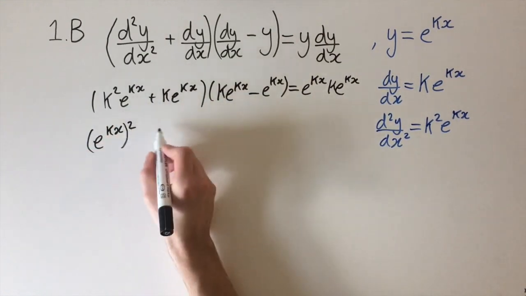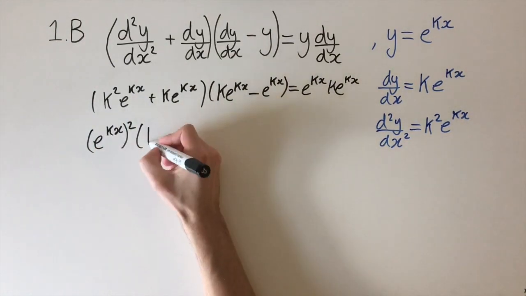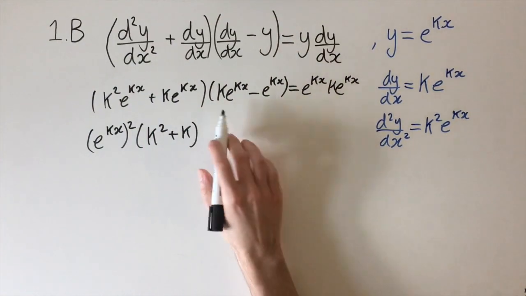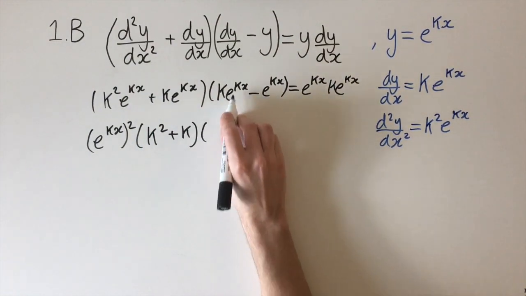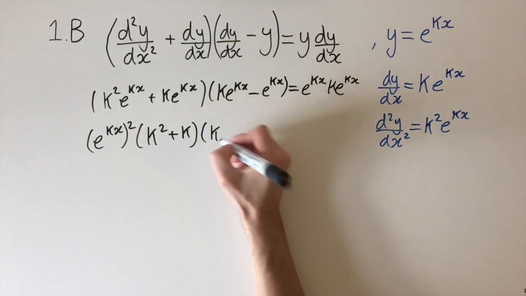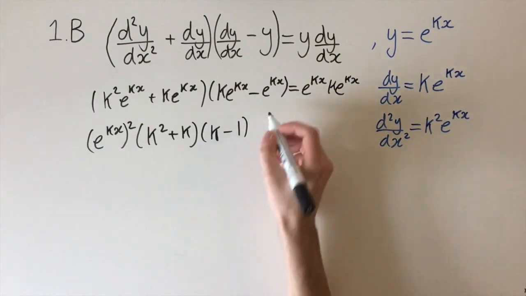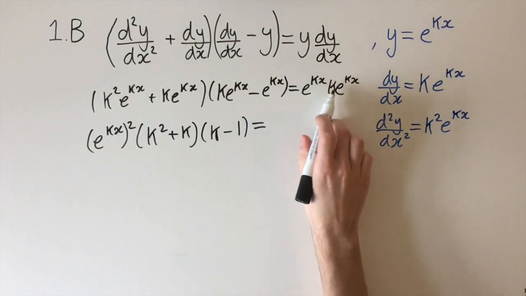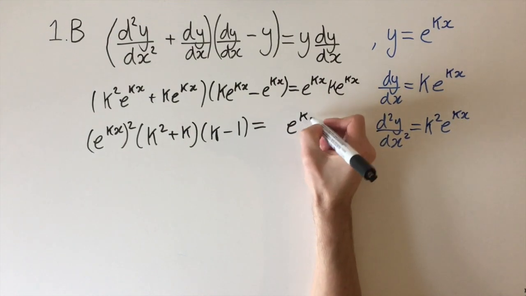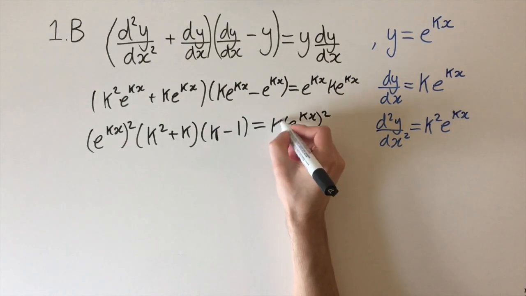What we're left with is a k squared plus k as the first bracket, and for the second bracket, we are left with k minus 1. And on the right hand side, we have two lots of e to the kx, so again e to the kx squared, and we also have the k in here.